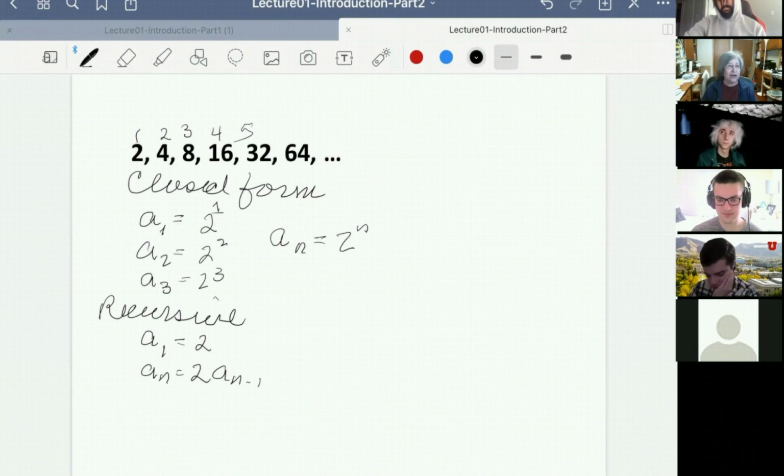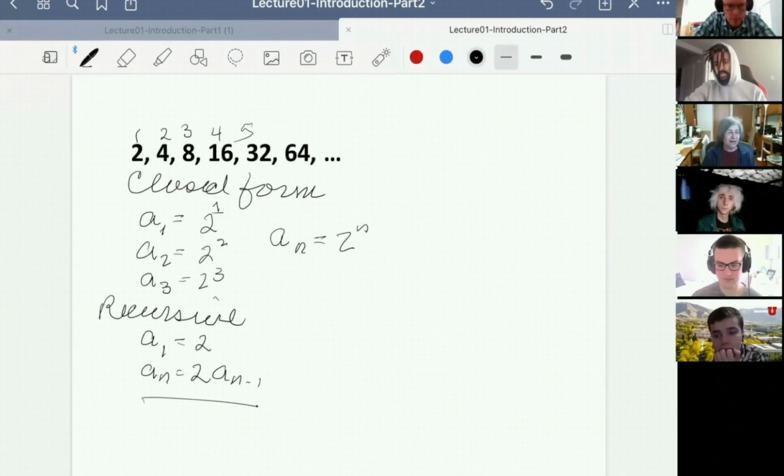I don't need to know A sub 4. I just put in 2 to the 5th. But in this form, I have to know A sub 5, I have to know A sub 4. To know A sub 4, I have to know A sub 3, etc. Recursive, in this class, is more sequential than anything. Okay, got it. Cool. Thank you.